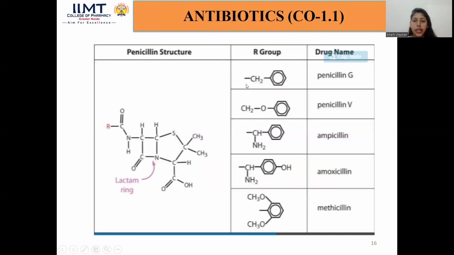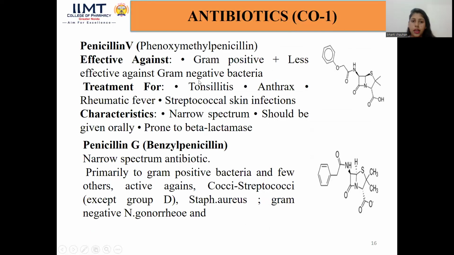Penicillin G contains a benzyl group at the position of R. Penicillin V contains a phenoxymethyl group. Penicillin V and G are the natural penicillins and are effective against gram-positive and less effective against gram-negative bacteria, used in the treatment of tonsillitis, anthrax, rheumatic fever, streptococcal and skin infections. Penicillin V is narrow spectrum, should be given orally, and is prone to beta-lactamase.